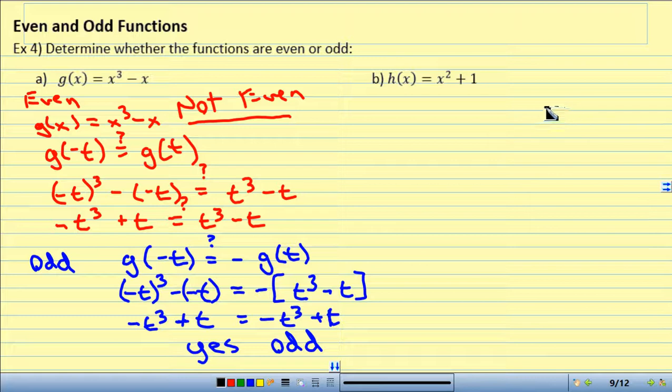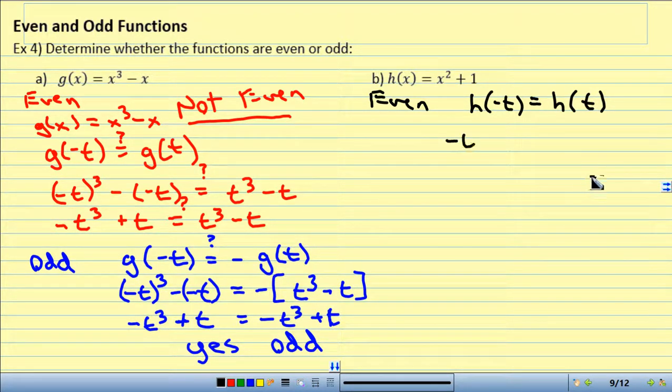For this one, I'm going to test whether it's even or odd. Let's start with even. And remember, even has h of negative t equal to h of t. So wherever I see x, I'm going to plug in negative t.